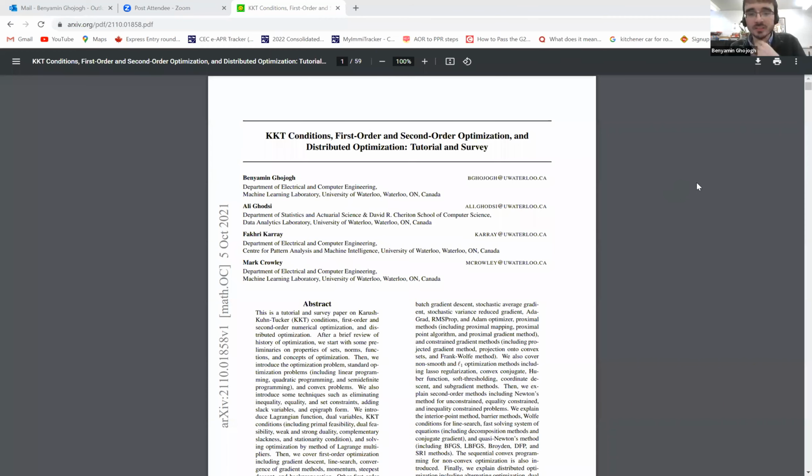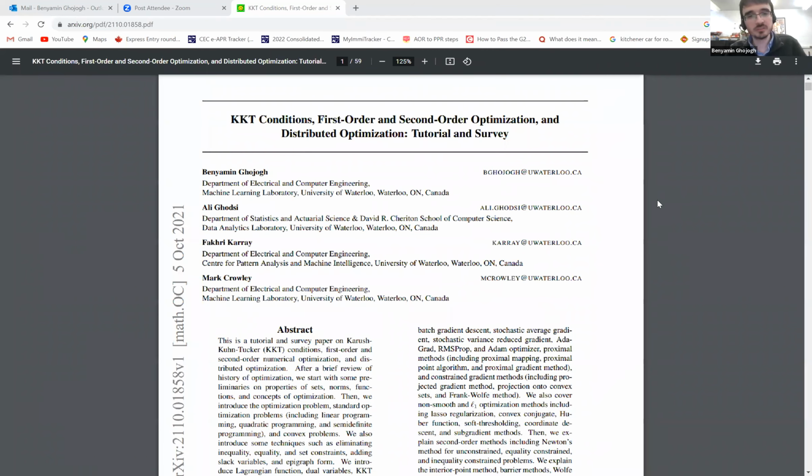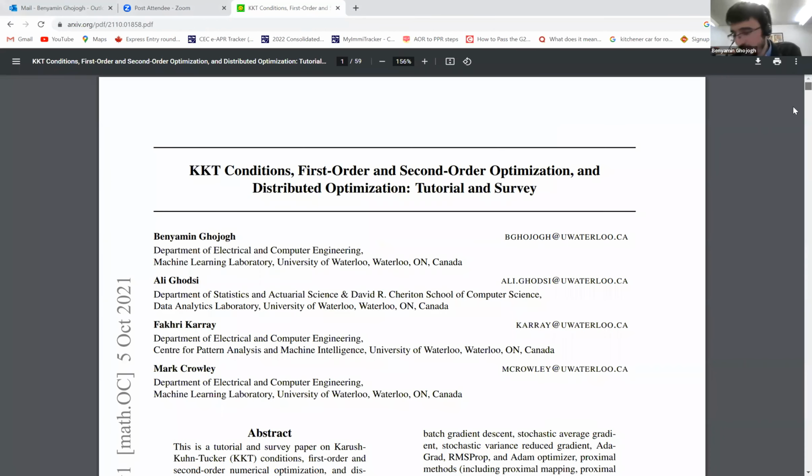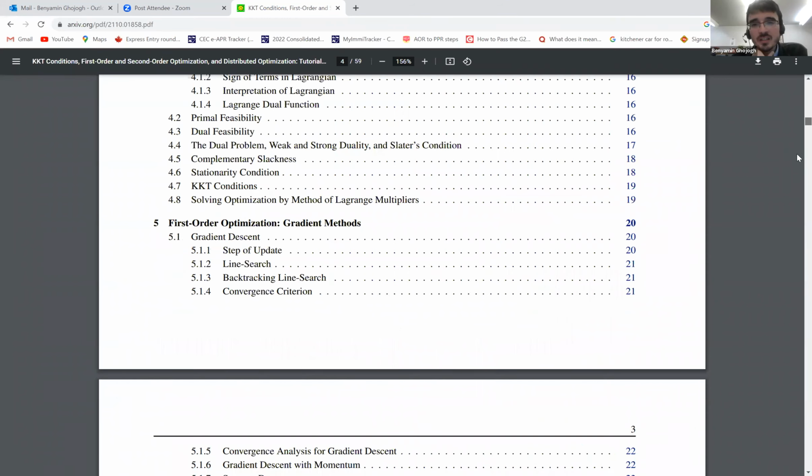Okay, as you see, I previously had written some tutorial papers. I love writing tutorials. You can see my other tutorials, if you would like, on different topics, including machine learning and dimensionality reduction, manifold learning, and all of these things. And one tutorial that I had written before with some co-authors, some of my professors, is this.